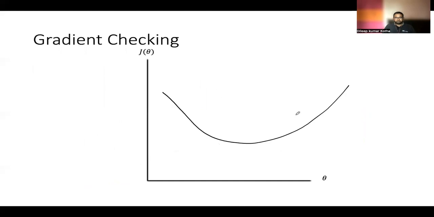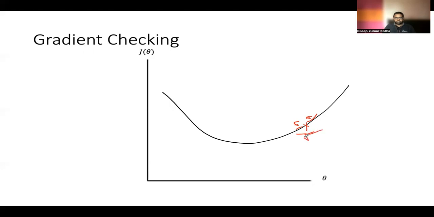First I'll explain the concept of gradient checking. At any given point in a curve representing the cost function with respect to the parameter theta, how do we calculate the gradient at this point? What we can do is go a bit to this side and a bit to this side. Say, for example, this is epsilon. So theta will be changed to theta minus epsilon as well as theta plus epsilon.